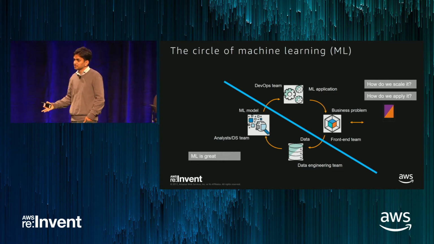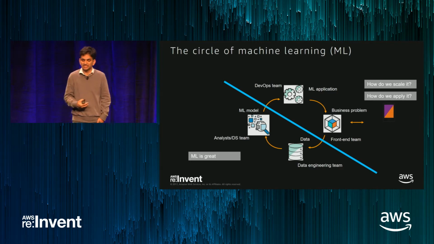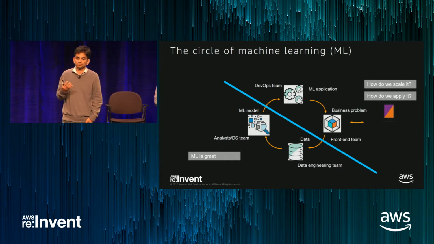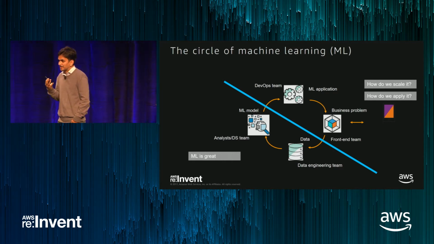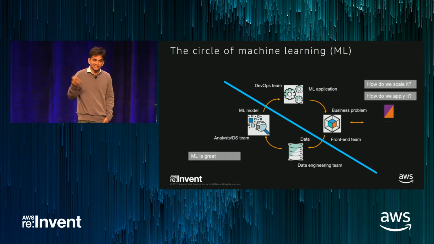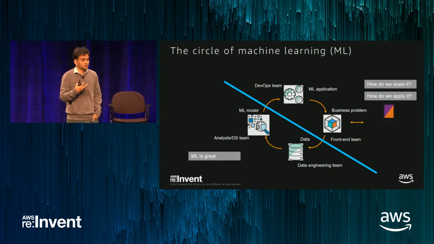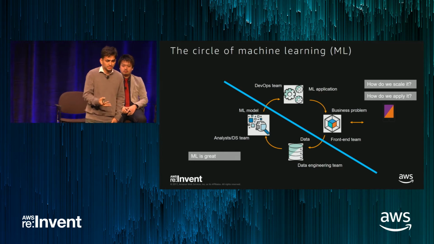There's another set of developers, which is app developers, mobile front-end developers, back-end developers, and they worry about how do I give the best experience to my customer, how do I scale this application, so that when I have a spike from 0 to 10 million requests, that API doesn't fall down. Those are very valid concerns.